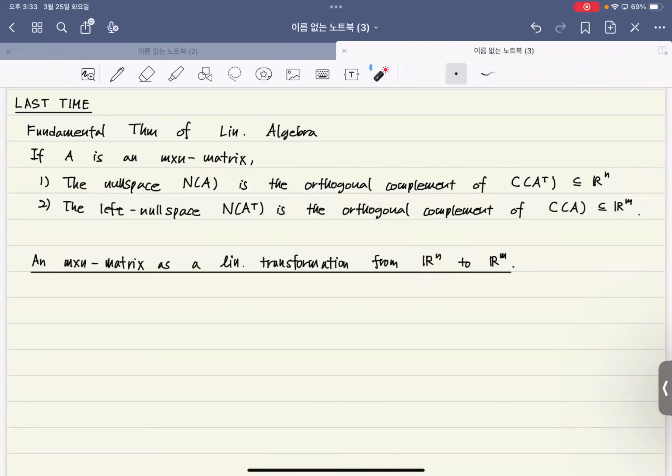And this Rn can be written as a direct sum of the null space and row space. And this Rm can be written as the direct sum of the left null space and the column space.